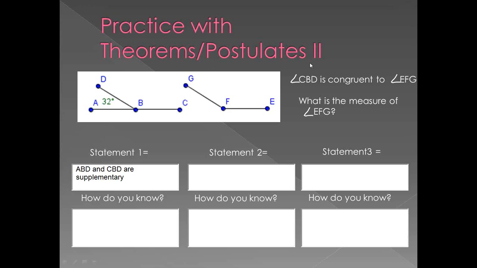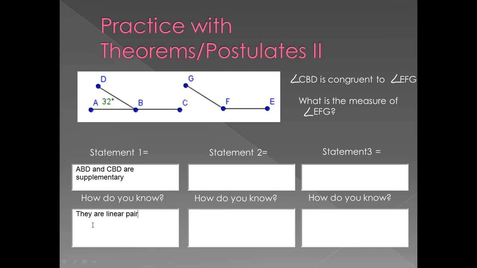But what theorem that we just went over lets us know? Good, I got some answers that are correct. I'm not going to type it up yet, but yes, good. A lot of you are getting it. Good, they are a linear pair, and linear pairs are supplementary.